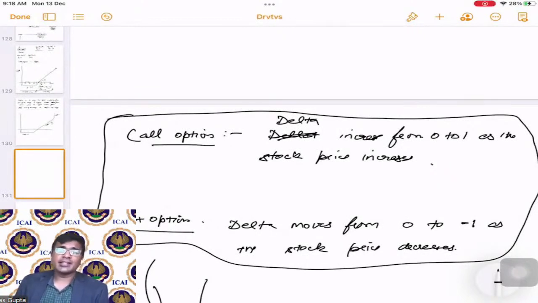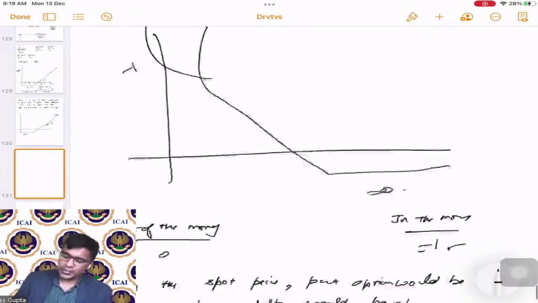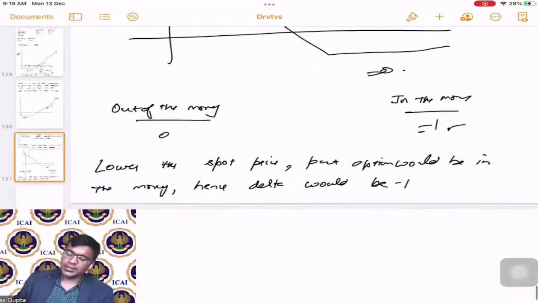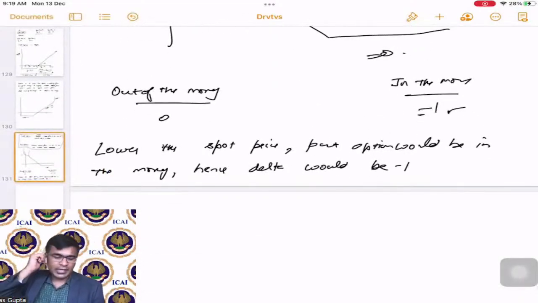And for the put option, delta moves from 0 to -1 as the stock price decreases. Because if the stock price is decreasing, the option will become in the money. Since it is becoming in the money, it will become 1, but the negative sign is there because of the negative relation between the stock price and the value of the put option.